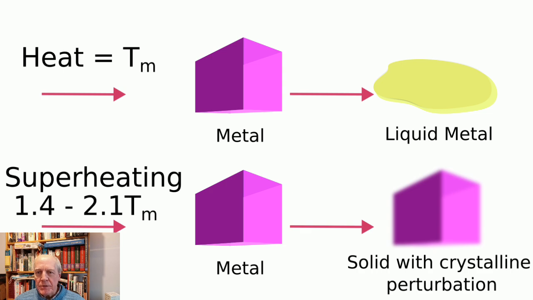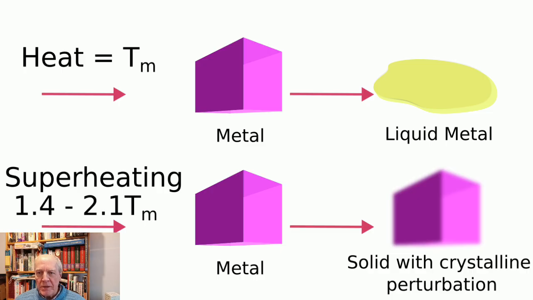The second heating scenario we have in the bottom half, again, heat is going into the metal lattice. This time though, note that the temperature is 2 times or just over 2 times the melting point.